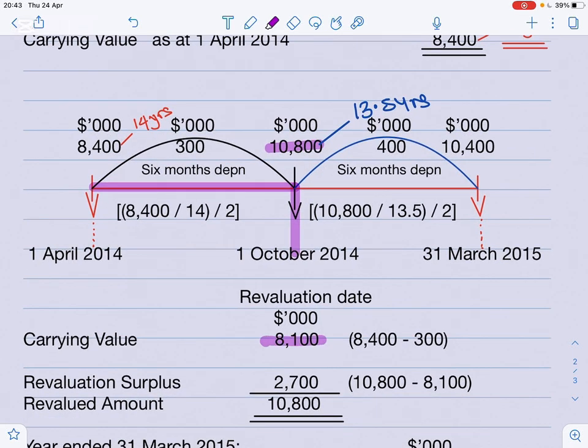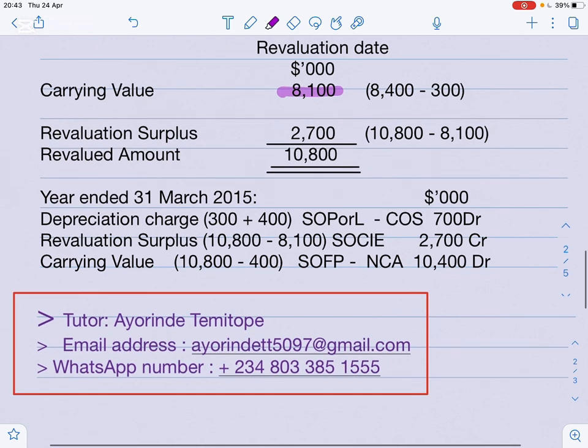So you do not have the current value of 8.1 anymore. What you'll be having as at the date of revaluation exercise would be the market value of 10.8. But then you remember that out of the 10.8, we enjoyed for the second 6 months $400,000. So it will be $10.8 million minus this $400,000, and that will give us $10.4 million.